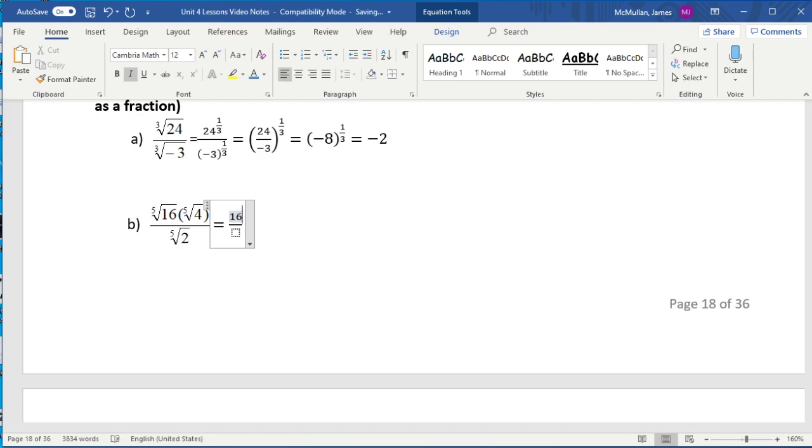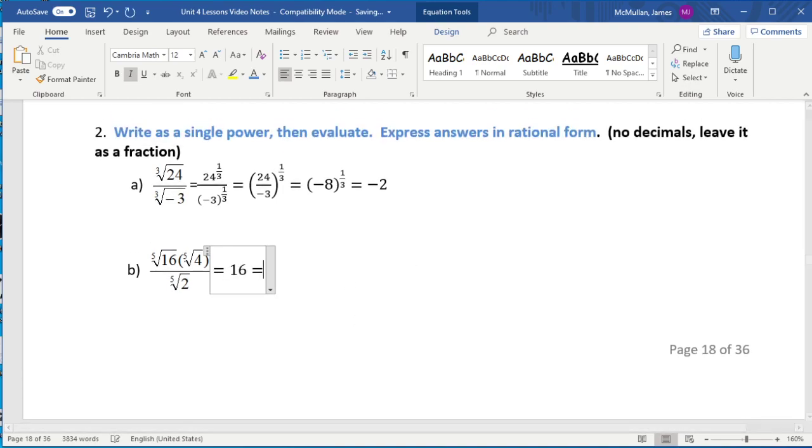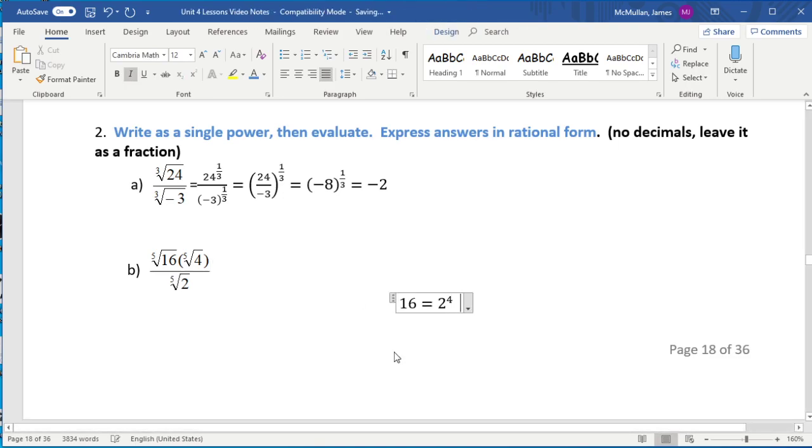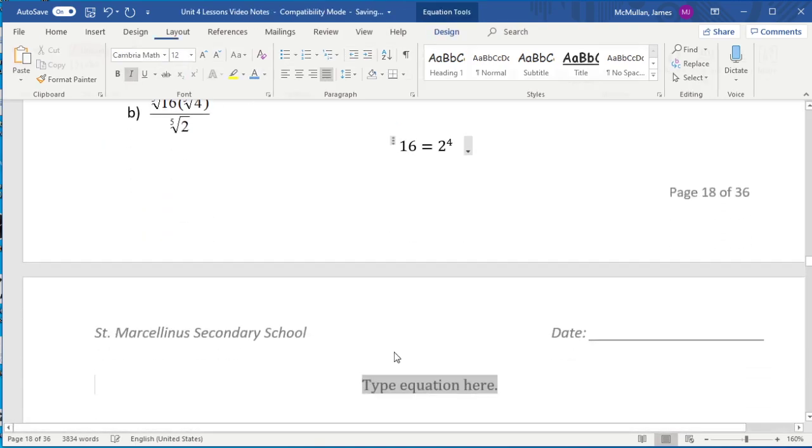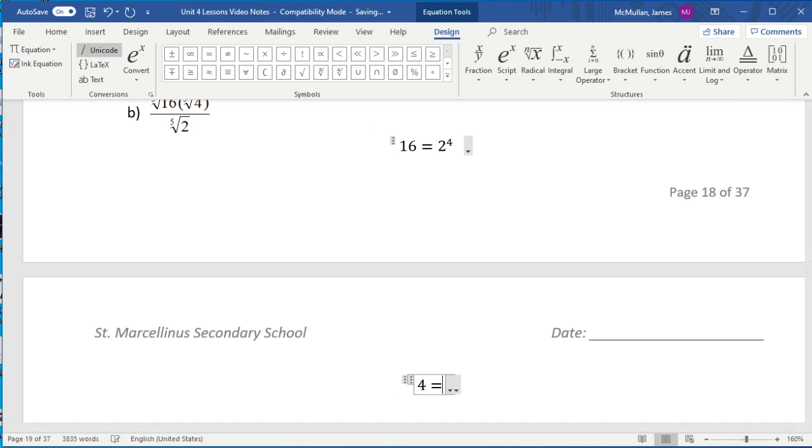Let's use an idea here that 16 is equal to 2 to the 4. This is a change of base idea. 16 is 2 to the 4, and 4 is 2 to the 2.